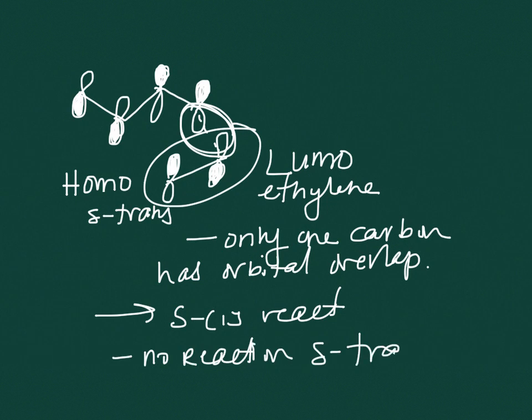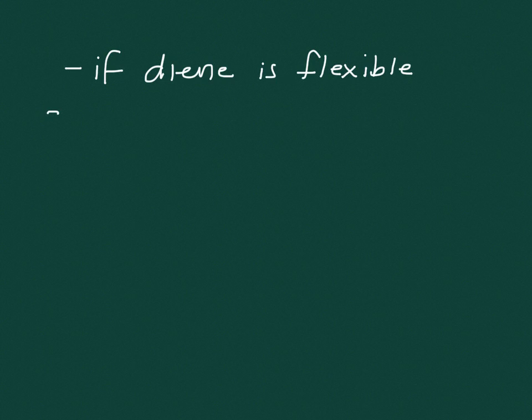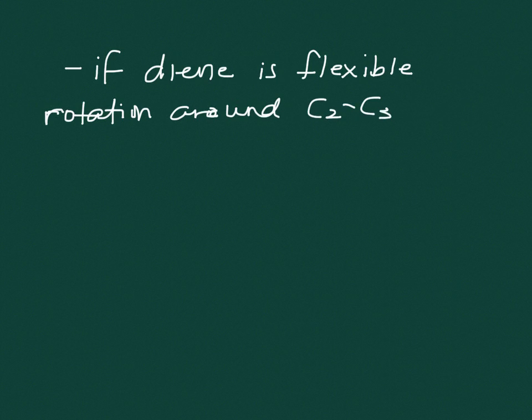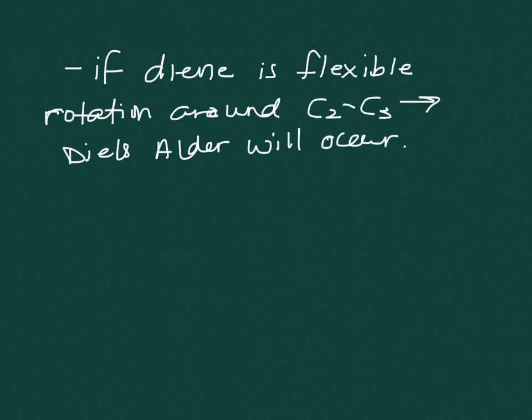and there is no reaction for the S-trans conformation. If we have a flexible diene, then you can have rotation around C2 and C3, and Diels Alder will occur. If the diene is not flexible, then there will be no reaction.